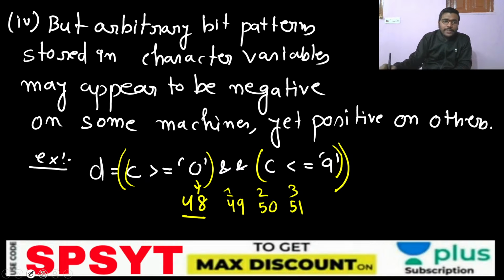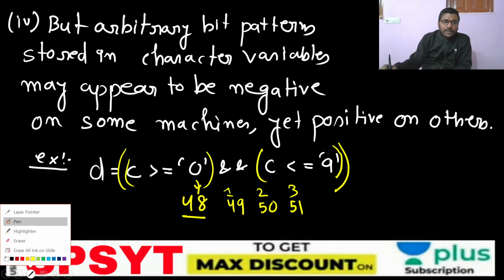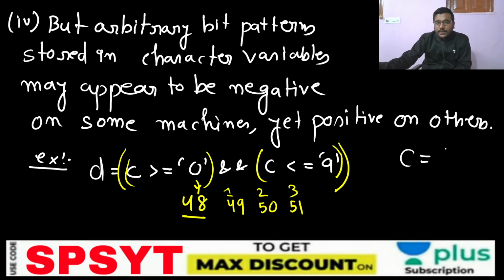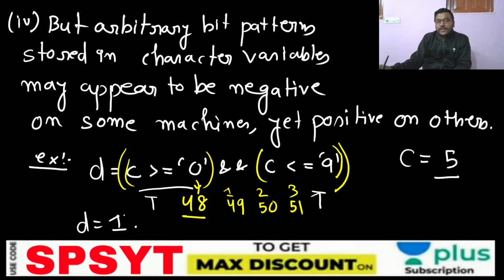If C is any number, assume 5, it will check whether it is greater, yes, and whether it is smaller, yes. So this condition is true, that is true, so the result is 1, and D is going to have 1.